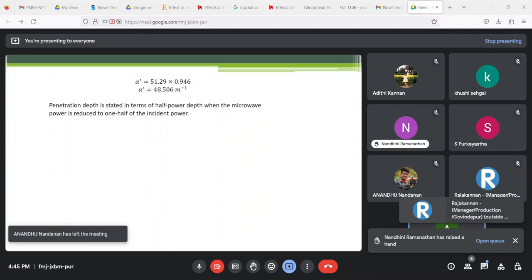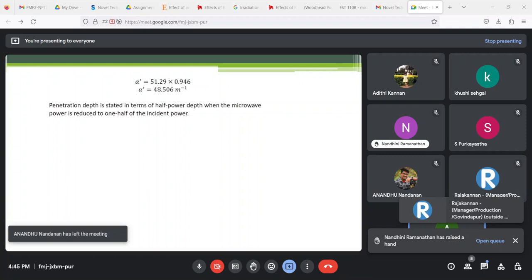And when you say half power depth, it means at a certain point inside the food, your power will be half of what you initially sent. Is this clear? Let's say you have a 50 centimeter food block. At around 10 centimeters, let's say your power has dissipated to half.